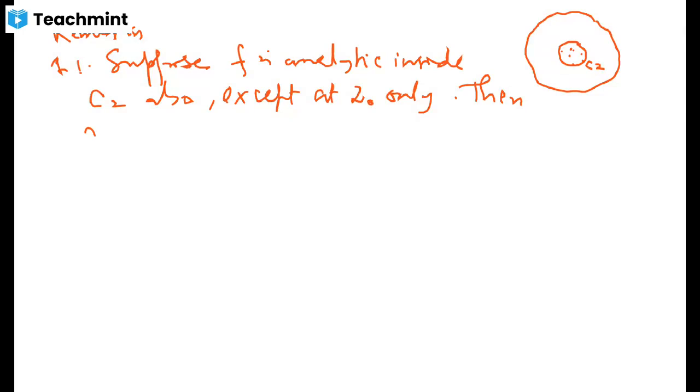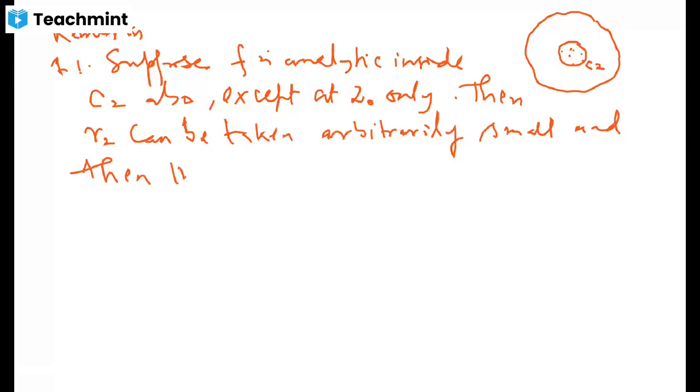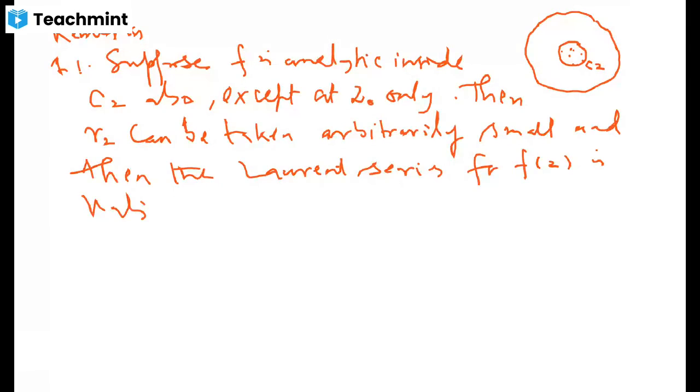Then R2 can be taken arbitrarily small, and then the Laurent series for f of z is valid in this region 0 less than mod z less than R1.